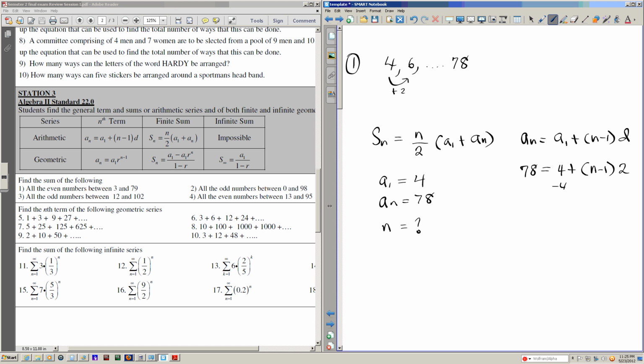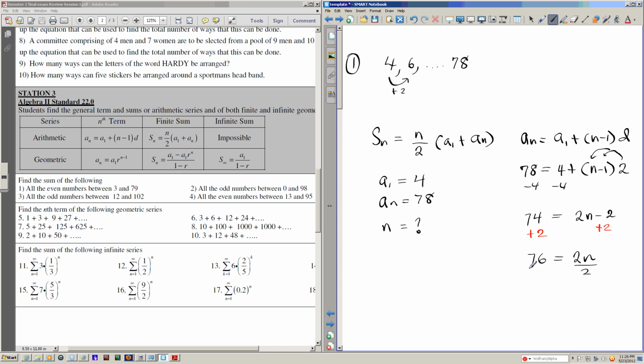So we can subtract 4 from both sides, and we can distribute the 2 to these 2 terms right here. So 78 minus 4 is 74. 74 equals 2n minus 2. So we're going to add 2 to both sides, and then we're going to have 76 equals 2n.